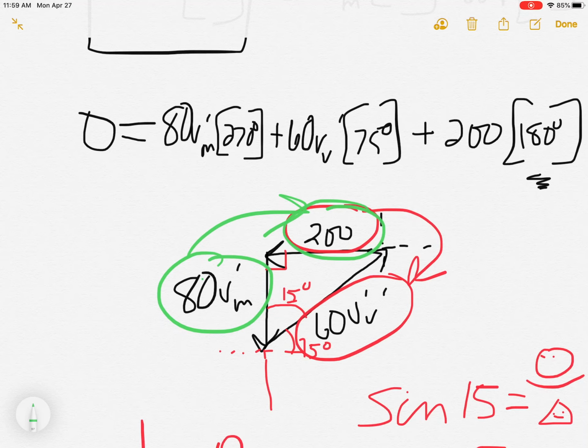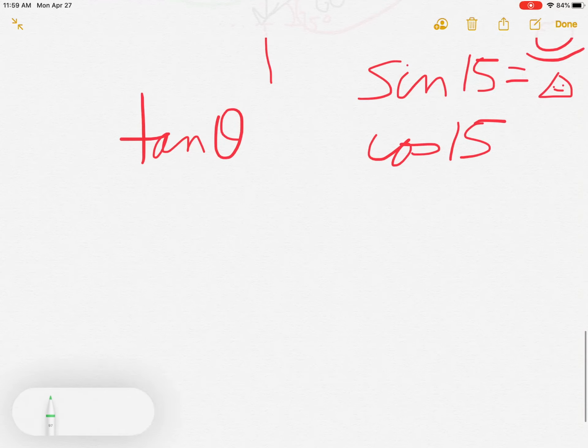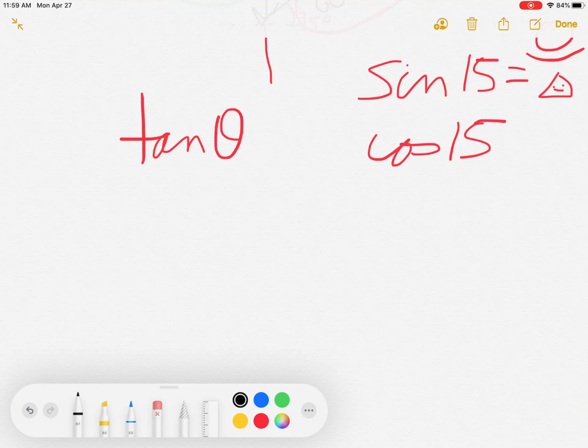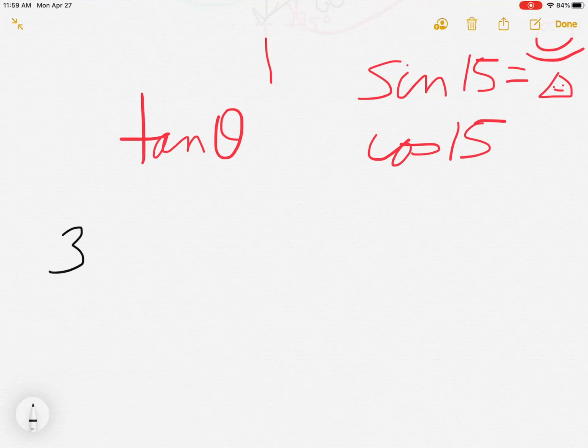So because of the cool nature of vectors, here's the rule. Any vectors adding to 0, when you have 3 of them, they must form a closed triangle. Now, if you had 4 vectors or 5 vectors, they would also form a closed figure, but it wouldn't be a triangle, and it's much more complicated. So when you only have 3, it's nice and easy.